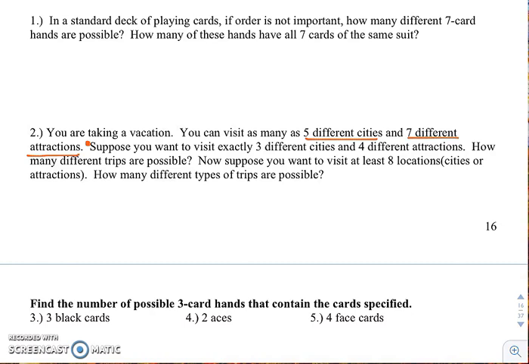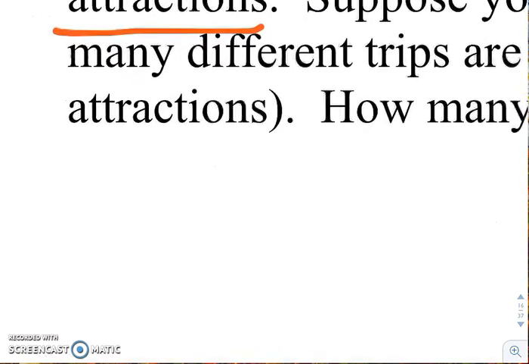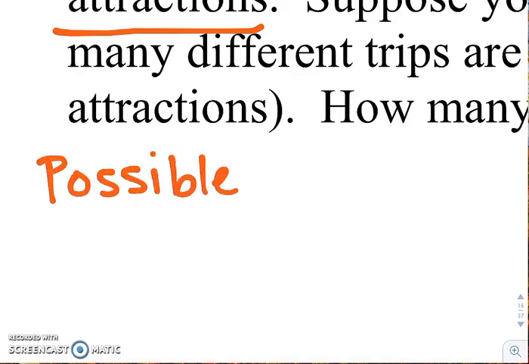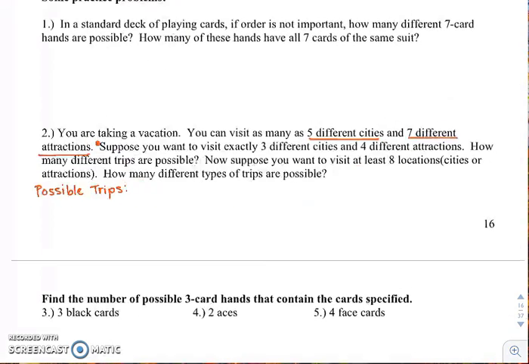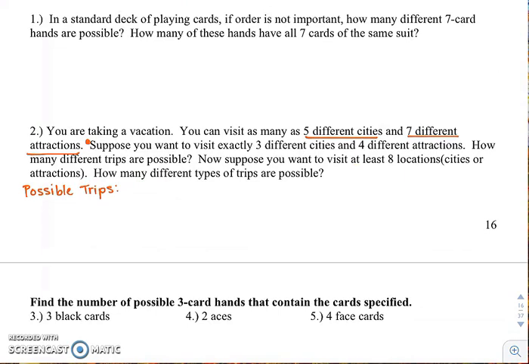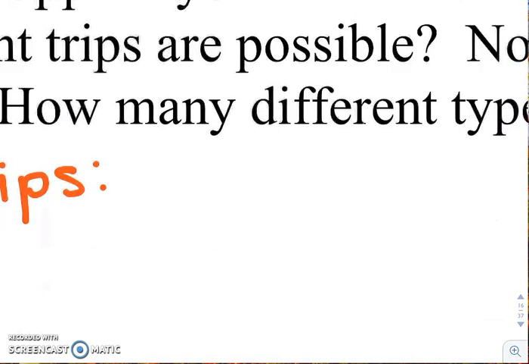So those possible trips: there's a total of 5 cities, and we're going to visit 3 of them. And so we're doing more than one thing, so we're going to multiply.